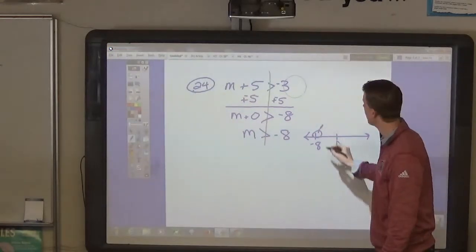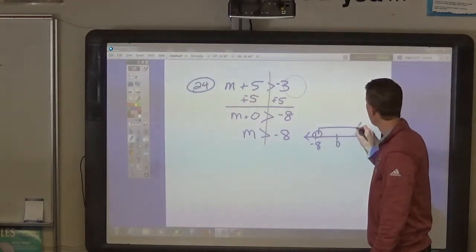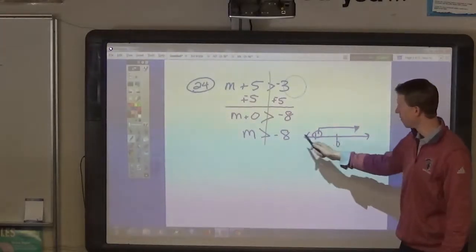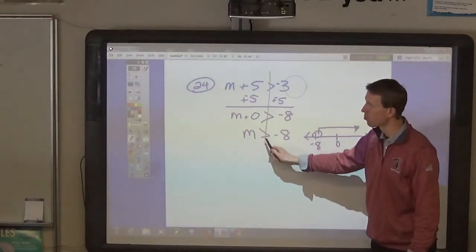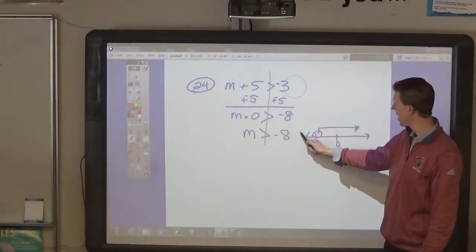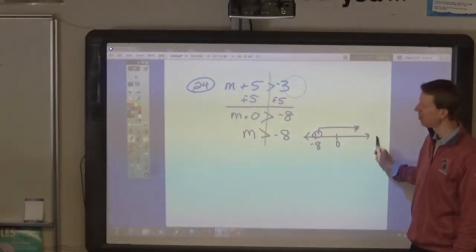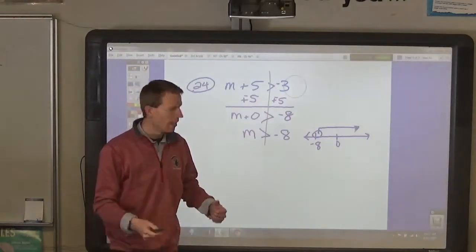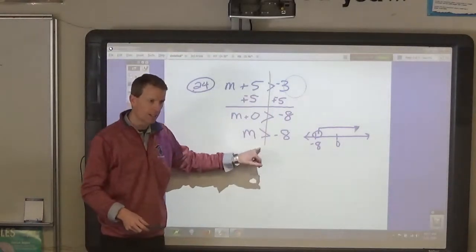If you read it, keep reading it to yourself. Even after you graph it, make sure that you read it again. M is greater than negative 8, so it has to go to the right. Okay? You'll get 100% of them right if you read this correctly.